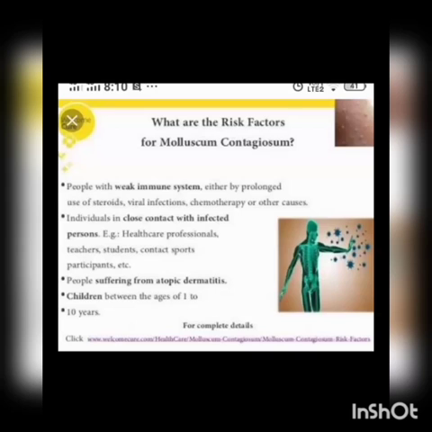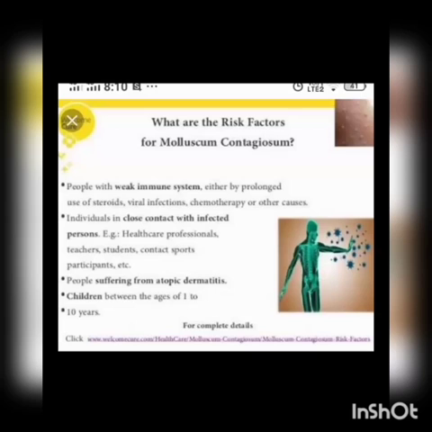In our home, it may be parents; in the school, the teachers, colleagues or students. In the same way, if the patient is admitted to the hospital, the healthcare workers are at risk of infection because this virus is contagious. It will easily transfer from one person to another by contact.